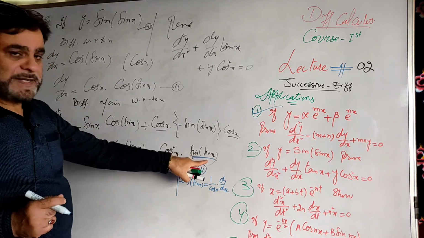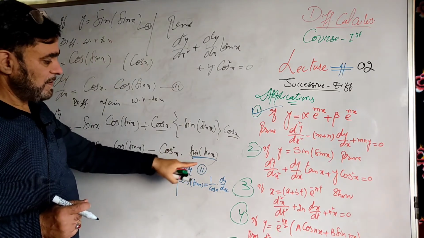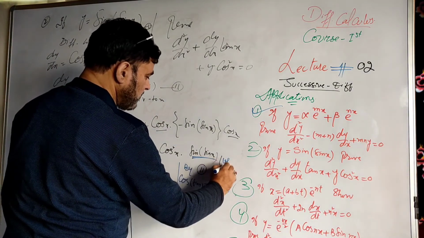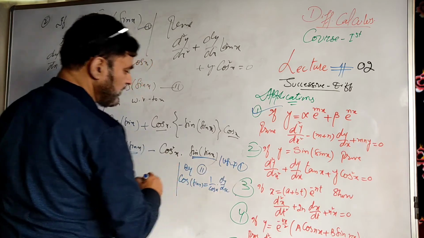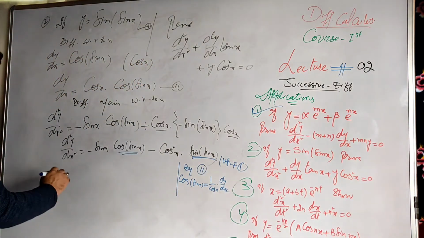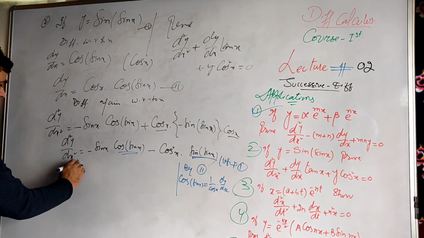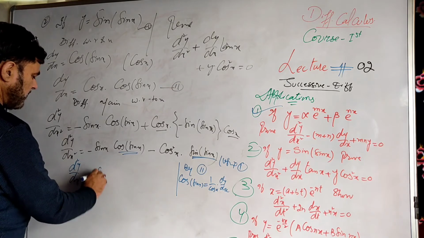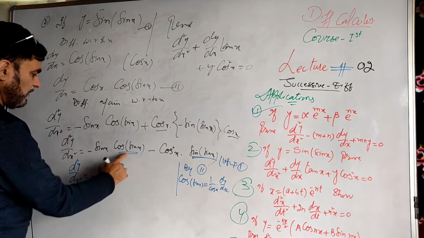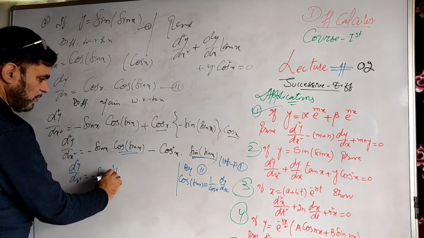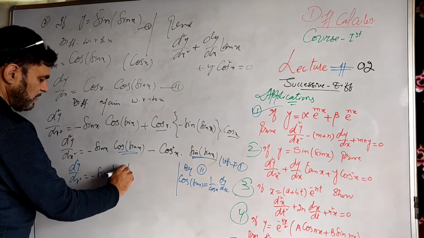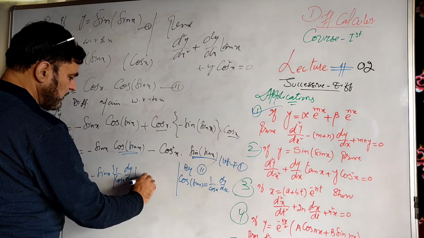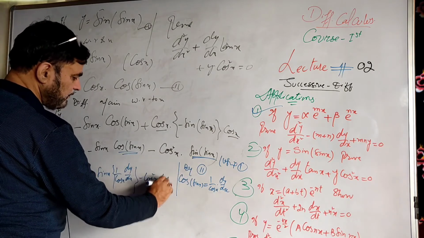Then this sin of sin x is, by the first, y. We are using both the first and second. Then d2y by dx square is minus sin x into the value of this, here 1 by cos x dy by dx, then minus cos square x as it is, y.